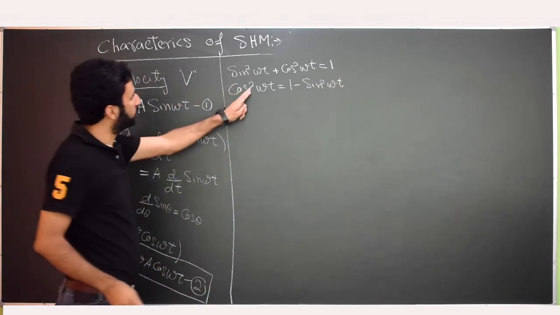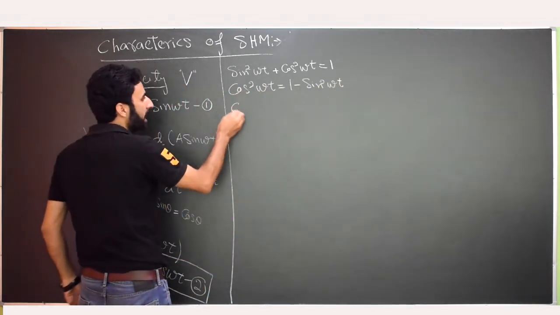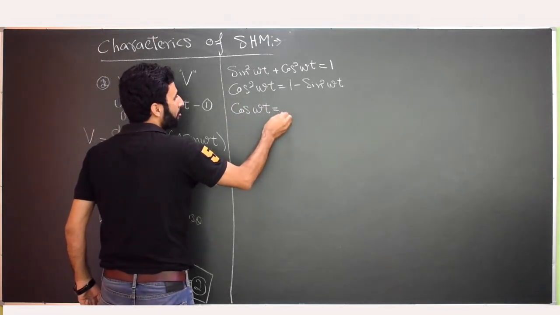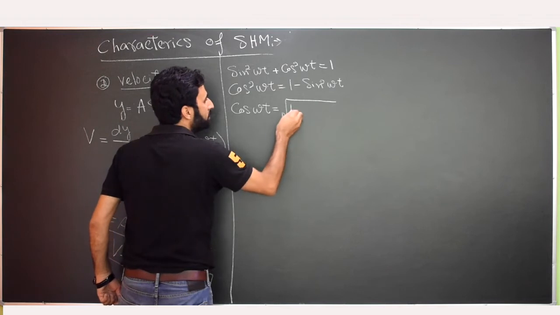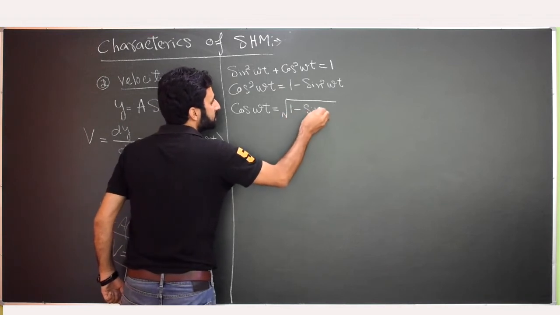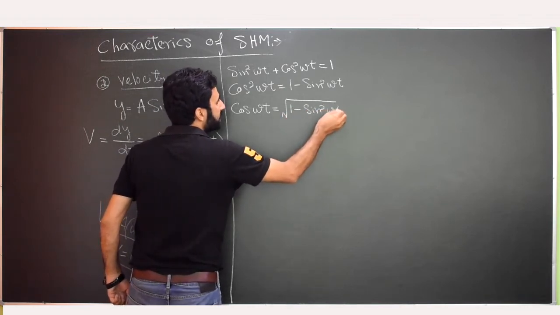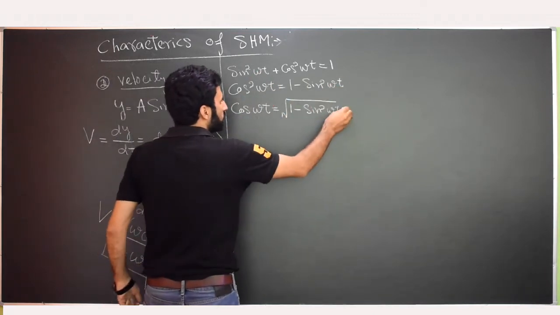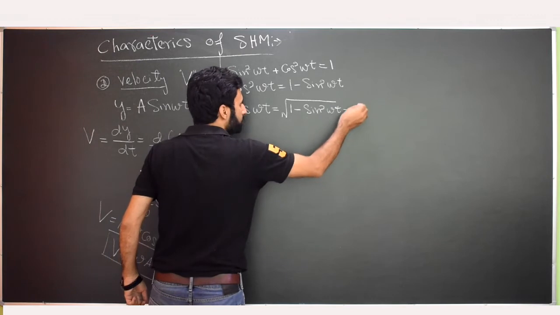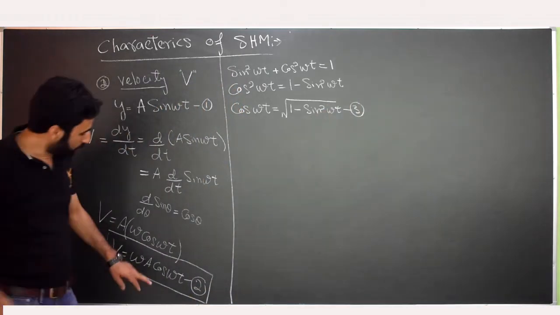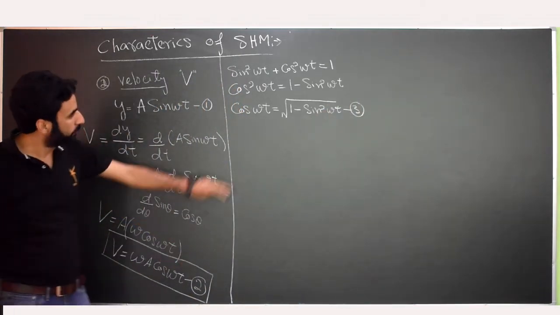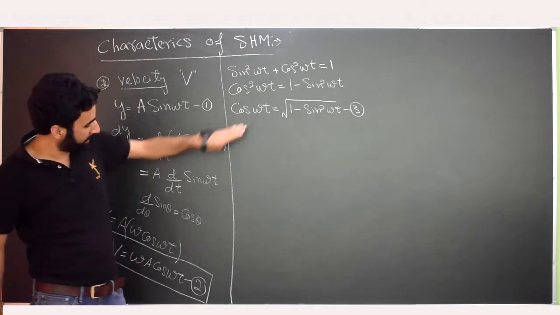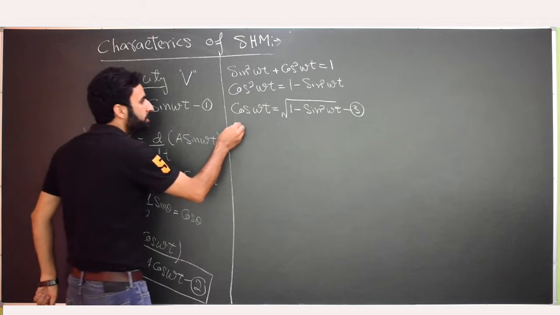Or this square may go this side, this will become root, so you will have cos of omega t equal to under root of 1 minus sine square omega t, because this square will form a root on this side. Let's call this equation 3. So in equation 2 we have cos of omega t. We will use the value of cos of omega t from equation 3 in equation 2.